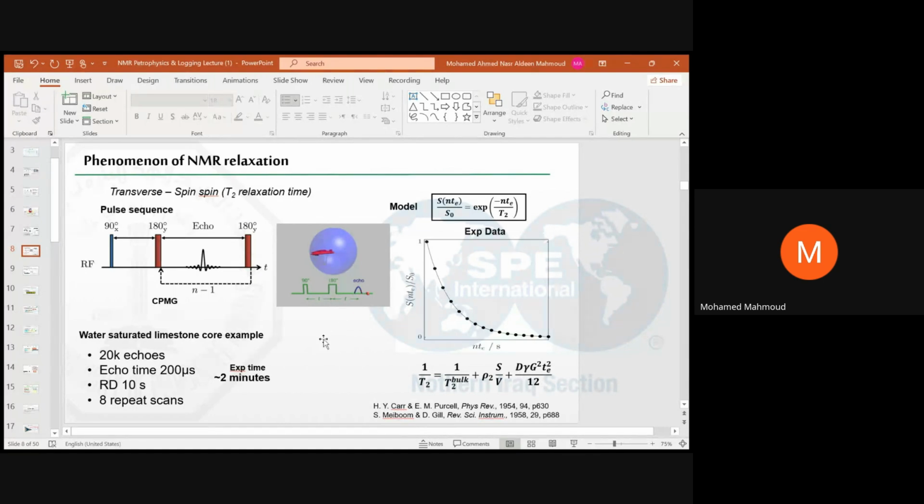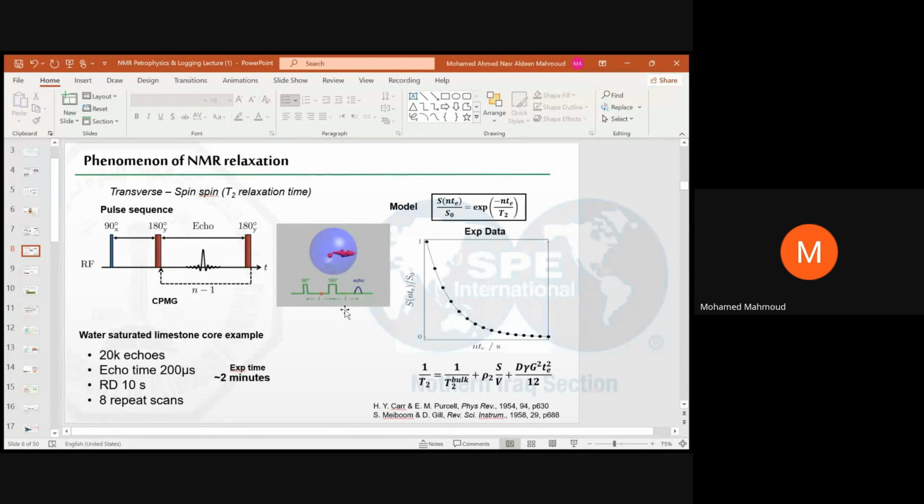So if you look at this animation, originally the NMR will be again in this direction, then we will flip it. If you look at the animation, yes, now it is in the vertical direction, 90 degrees, it will dephase in XY, then we will flip it 180. So also we measure the dephasing, and then we give it what we call the echo time.